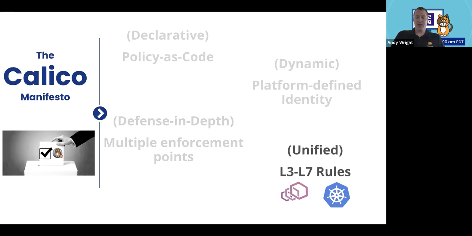The other thing is that, with Calico, most people are familiar with layer 3 rules, basically the TCP traffic that's flowing around. But we also support up to layer 7 rules. So if you have a service mesh that you're using today, we can actually sit on top of that service mesh and use one single policy language to drive the entire service mesh as well as the layer 3 traffic.